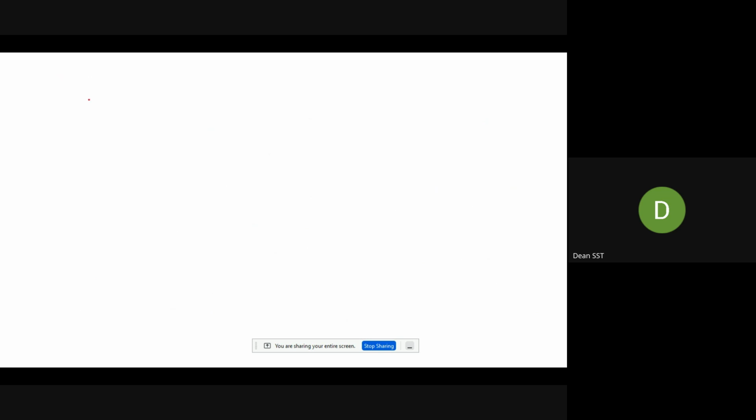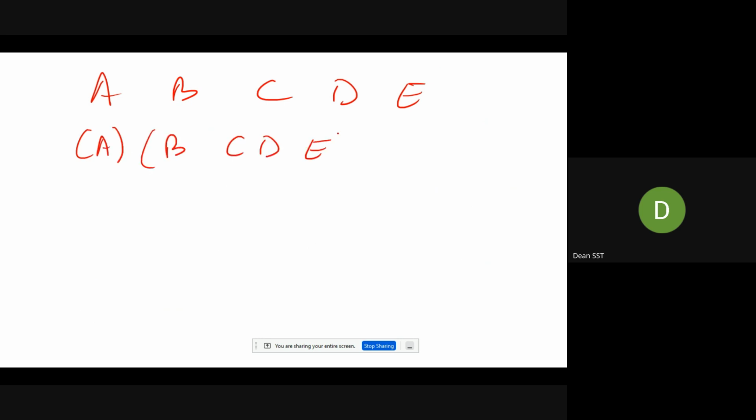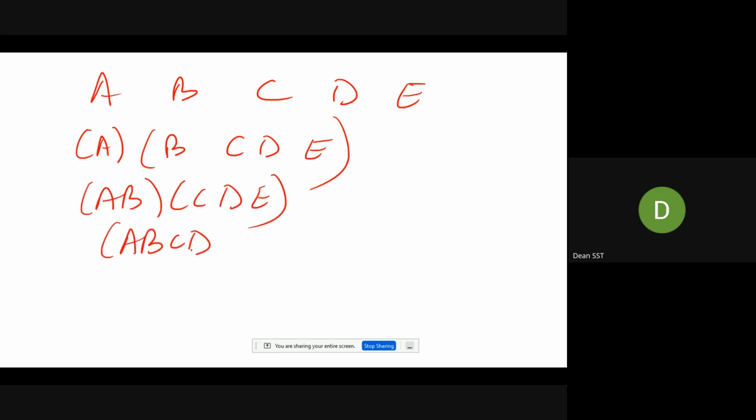It means we have to decide where to place the parentheses, like this, or A, B, C, D, or A, B, C, D, E. Is it clear?